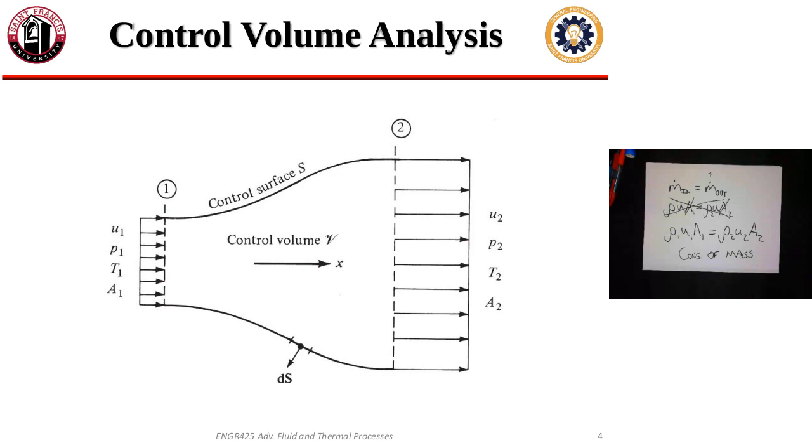Okay, so now that we did conservation of mass with that, let's do conservation of momentum.